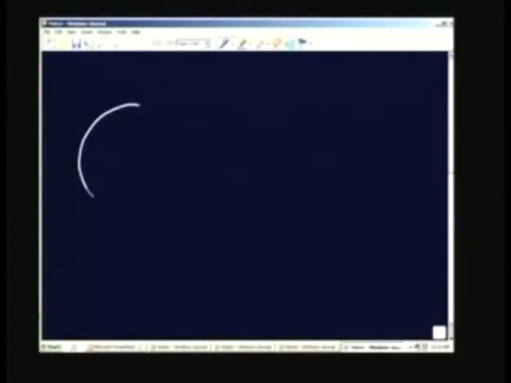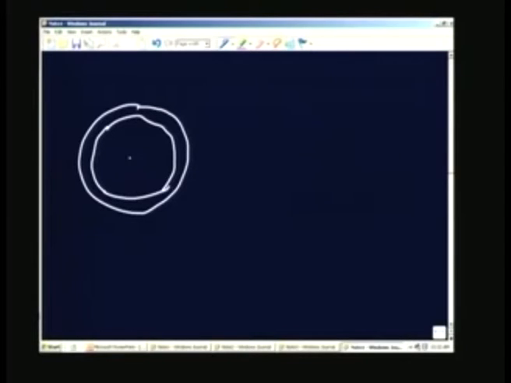Suppose I take the following example. Suppose I take a sensor in the form of a spherical shell. So, that is, let us say R, and the thickness is delta. This is a spherical shell.